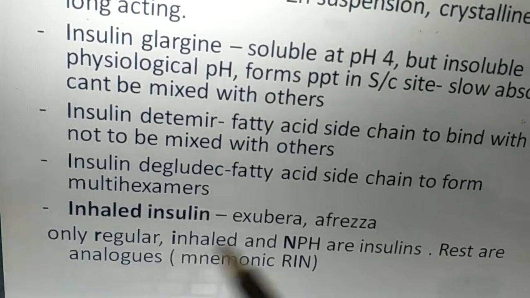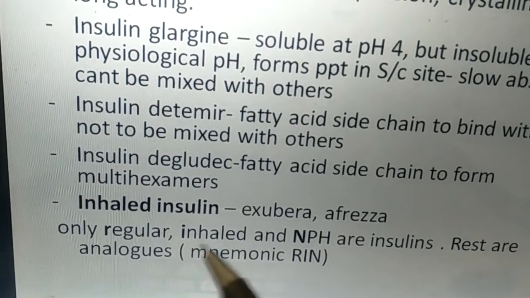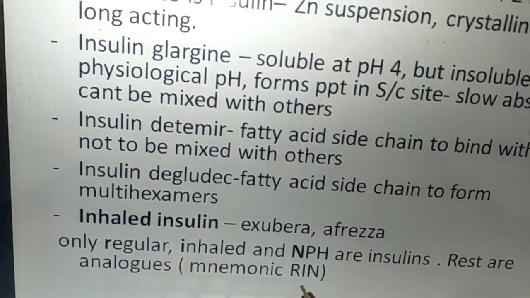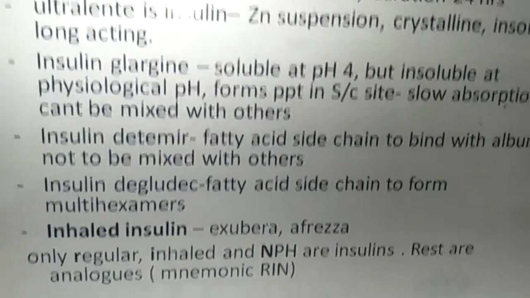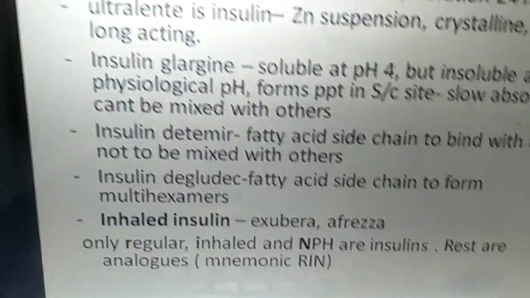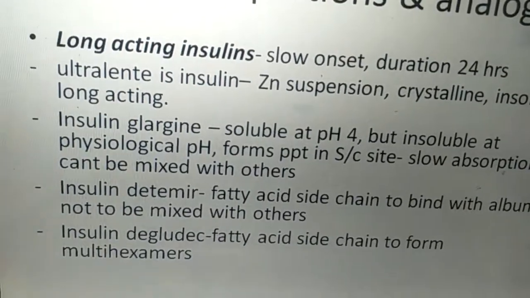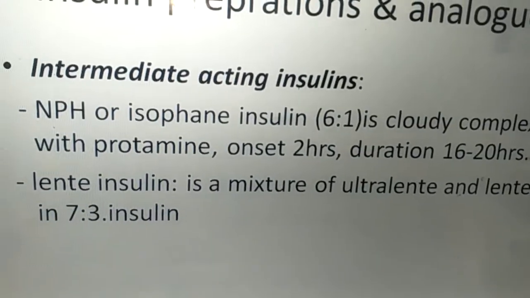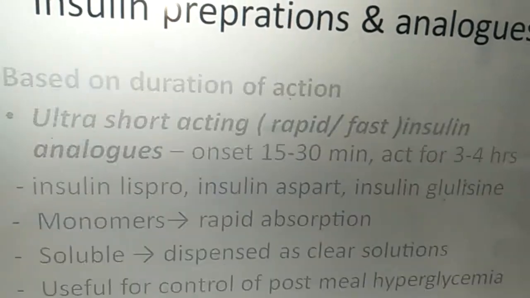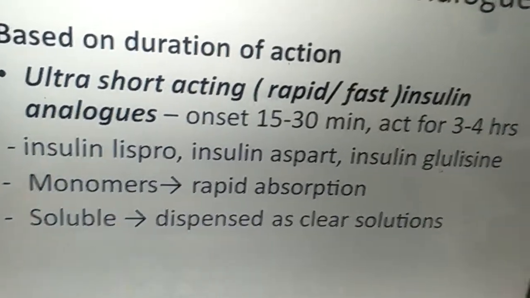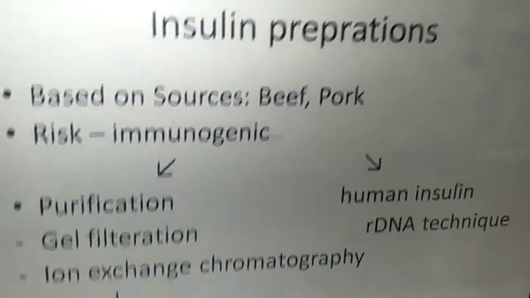Mnemonic will be Rin detergent powder: regular insulin, inhaled insulin and NPH. They are insulins. Rest all the things which we have discussed, insulin glargine, detemir, degludec, ultralente, lente, everything, lispro, aspart, glulisine, they are all insulin analogs.